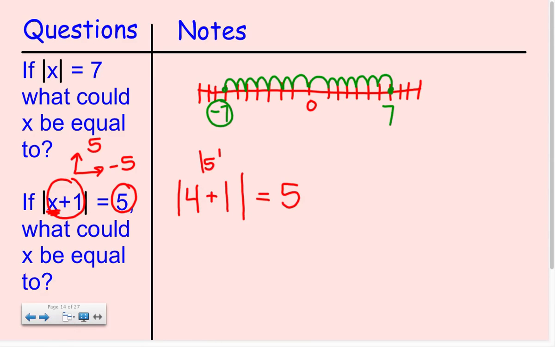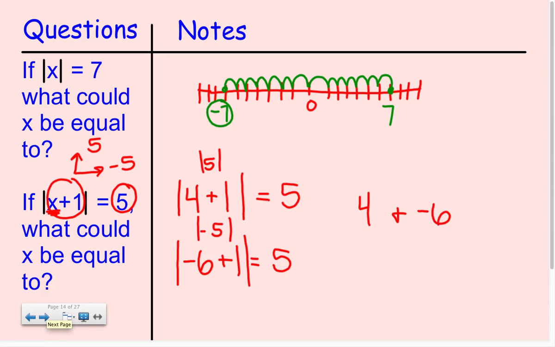Absolute value of 5 is 5. Now, what other possibility would give us negative 5? What number plus 1 is negative 5? Well, that would be negative 6 plus 1 gives me negative 5, which has an absolute value of 5.